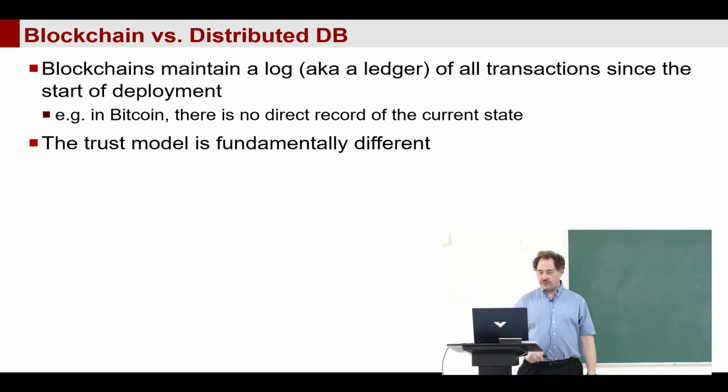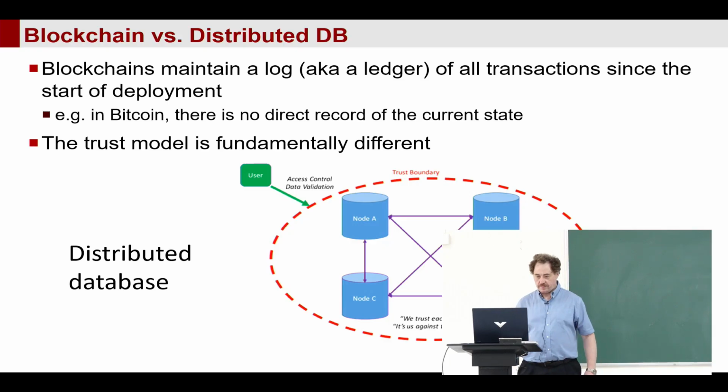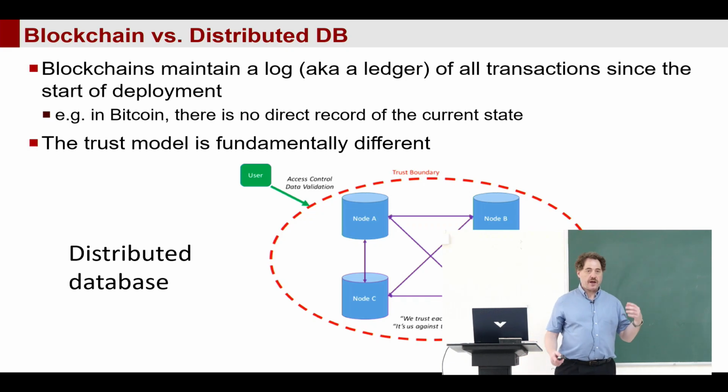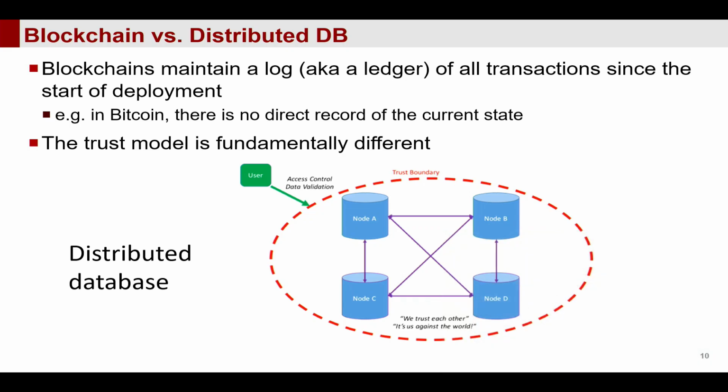And there is another major difference between blockchain and distributed databases. And that's the trust model. Distributed databases are usually set up by the same organization. So even if the database is distributed, meaning it runs on multiple nodes, those nodes would be overall trusting each other. They would not be expecting attacks from within.